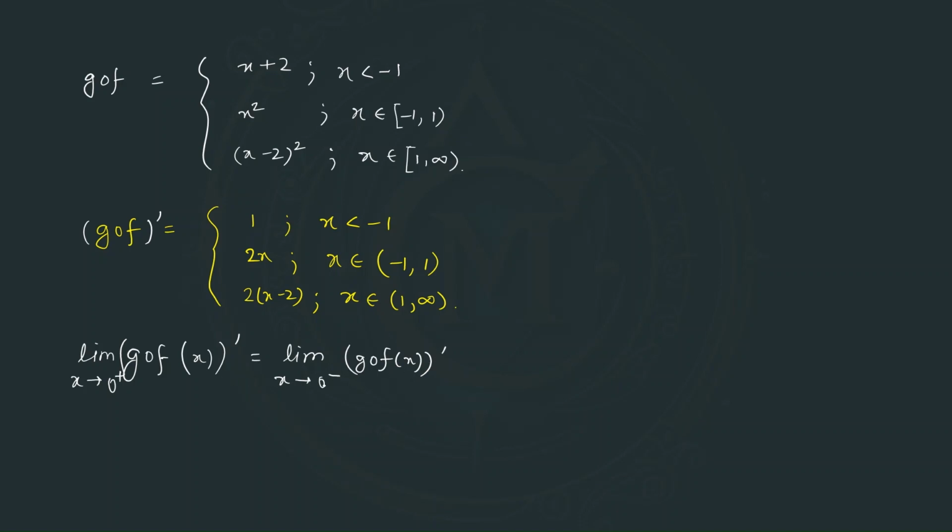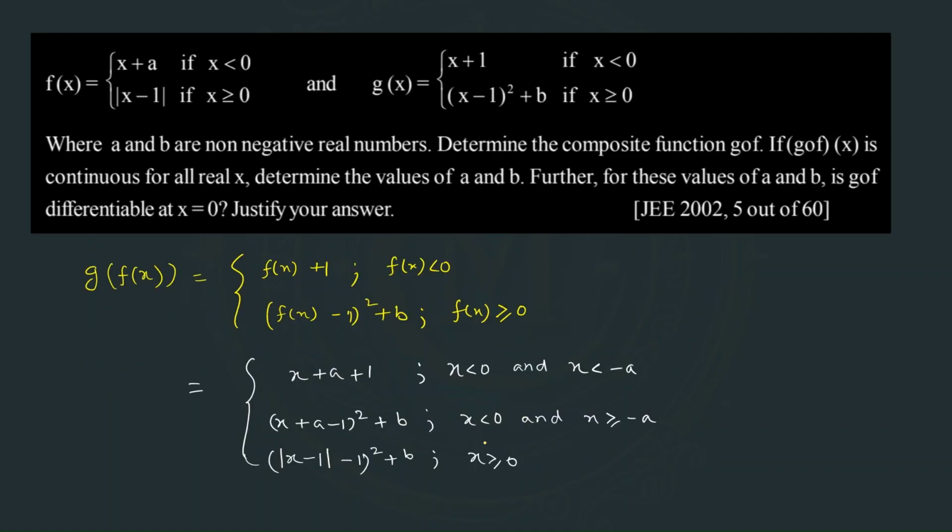So we have to check whether this holds or not. Now we can see that no matter how we approach x equal to 0, from either side the limit comes out to be 0. That means the function g of f x is differentiable at x equal to 0. That's the answer for this question. I hope you understood this question.